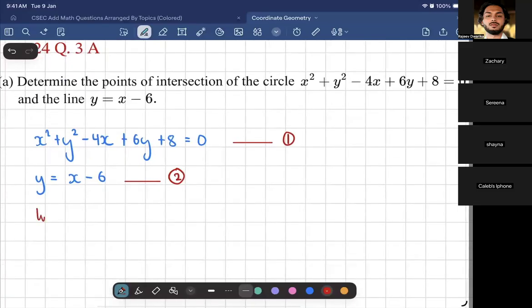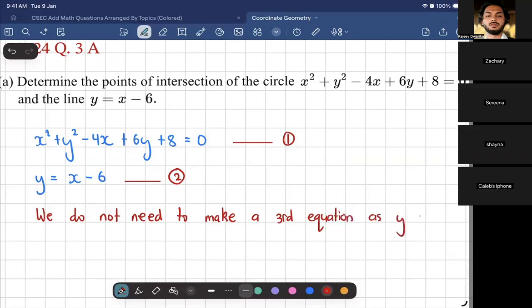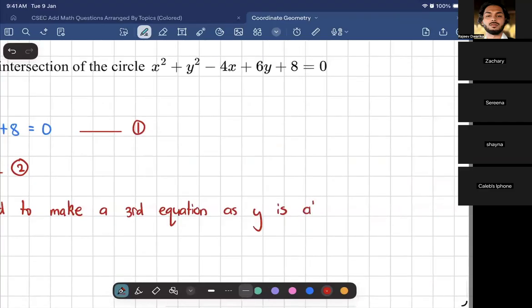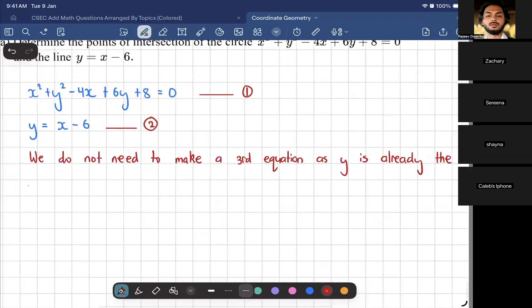We do not need to make a third equation as y is already the subject of the formula in equation 2.